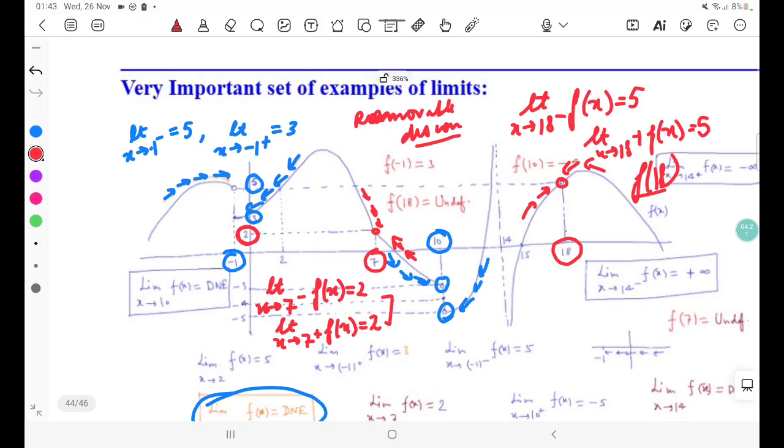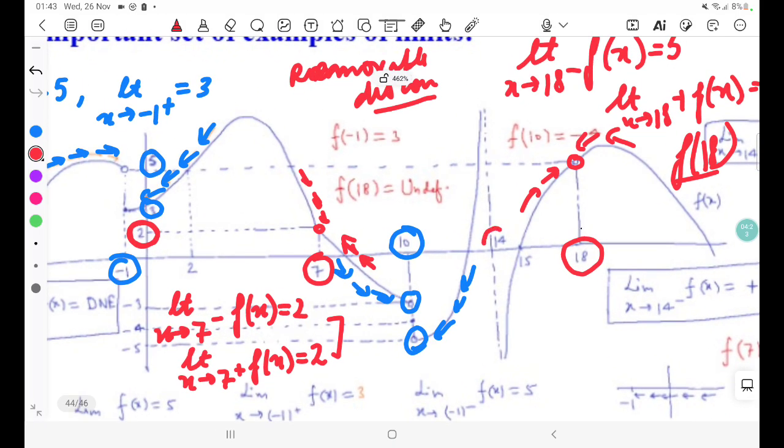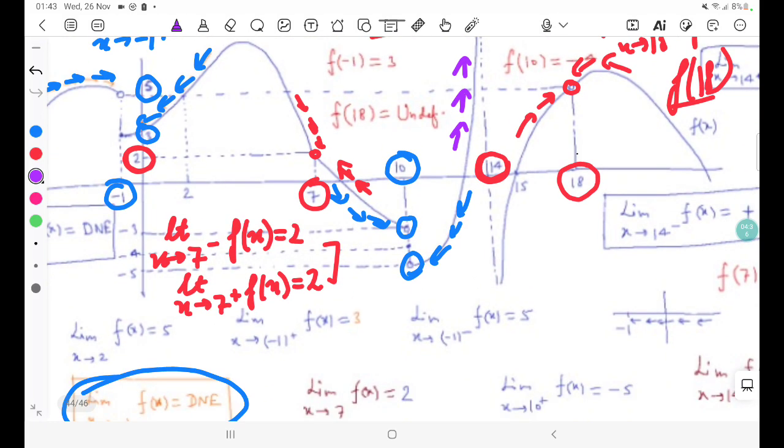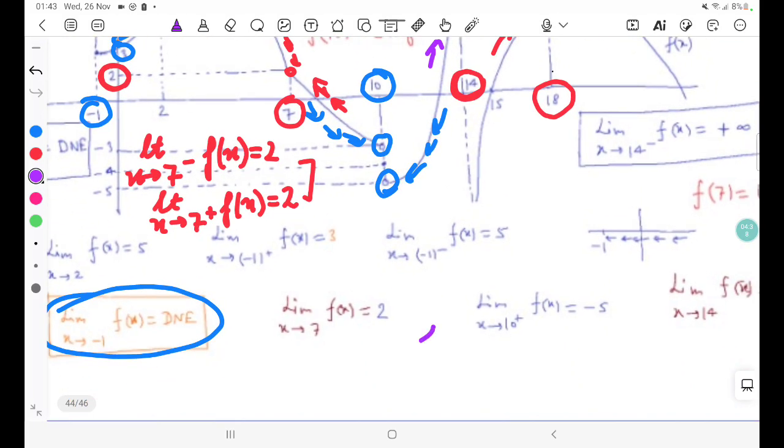Now let's move to this point x = 14. Here, as x approaches 14 from the left hand side, the value of the function goes to positive infinity. So we can say that the limit as x approaches 14 from the left hand side gives infinity.